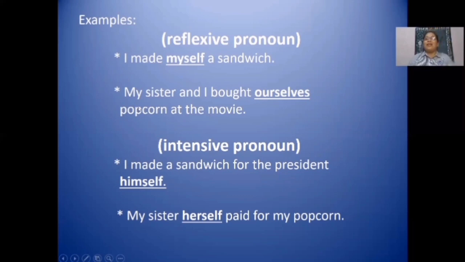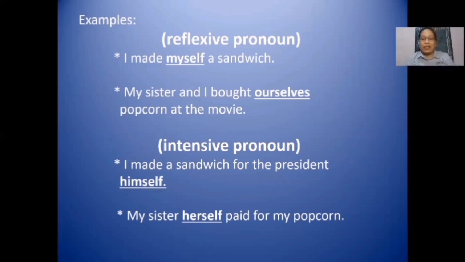Next, let us have sample sentence number 2. My sister and I bought ourselves popcorn at the movie. The underlined pronoun here ending in selves is ourselves. The first thing that you're going to do in order to identify correctly if it's reflexive or intensive is look at the word before it.